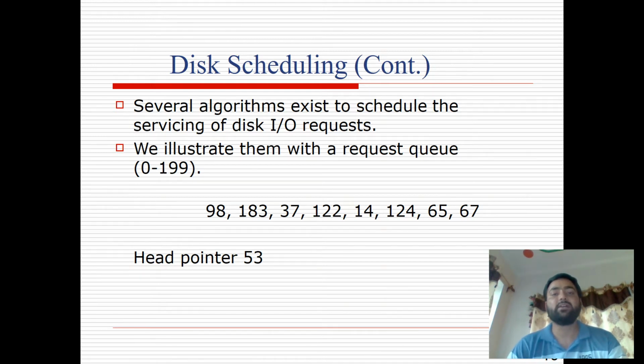This is the read request queue that is given to be read by the operating system in our example. And first of all, the head pointer will be at location 53. That means the read write head's current location resides at 53. So let's proceed.